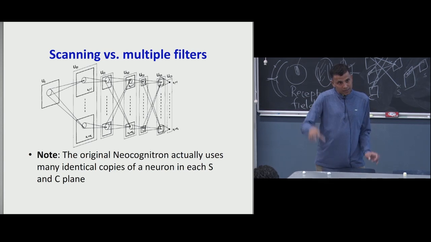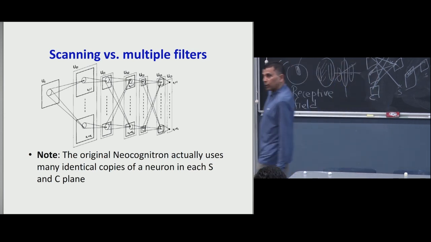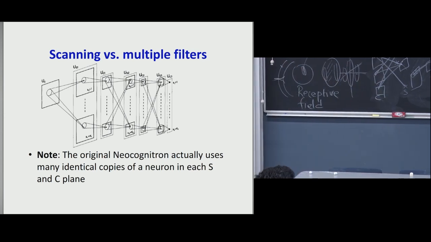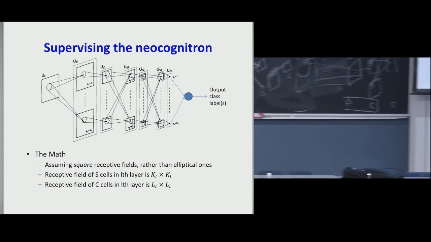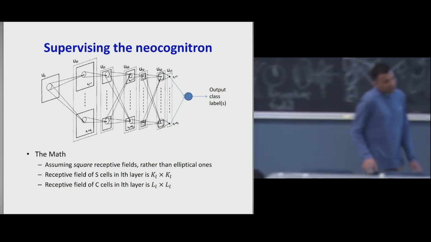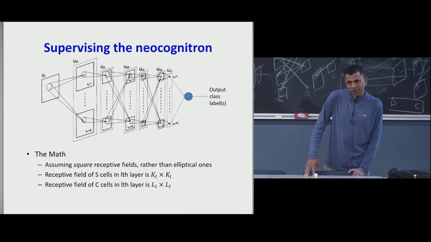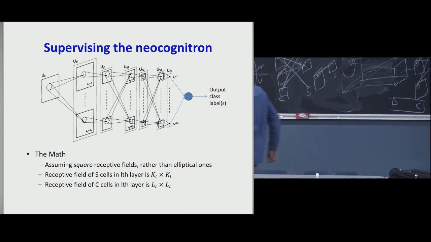So instead of implementing it as a block of many identical copies of the same neuron, you can have a single neuron scan the image, which is what LeCun actually did in his implementation. Another thing he did for computational purposes: elliptical receptive fields are hideous, so he replaced them with rectangular receptive fields. But that doesn't really change anything, right?